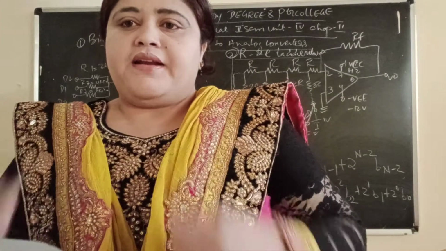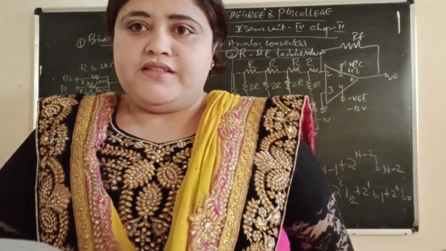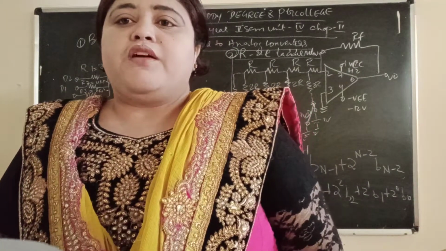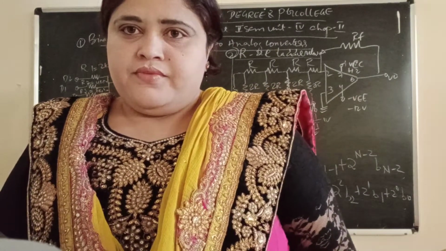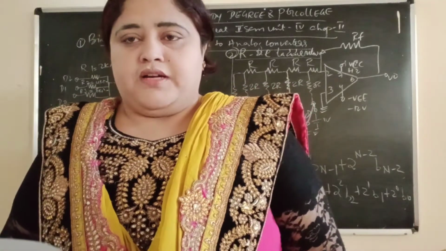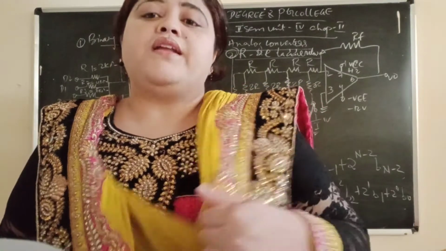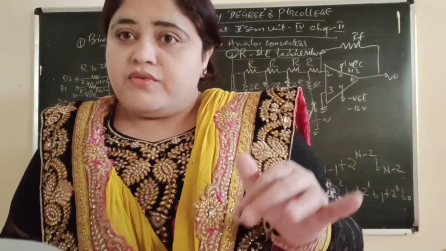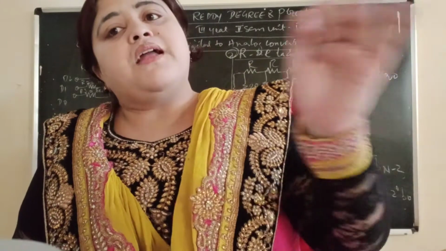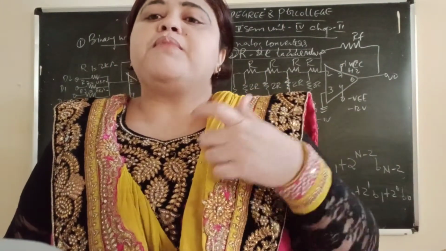First, current type. Current type means the output of the current type digital to analog converter will be in the form of current. Second, the output of the voltage converter will be in the form of voltage, but internally the current which is flowing will be converted into voltage. For this procedure, it needs some time.